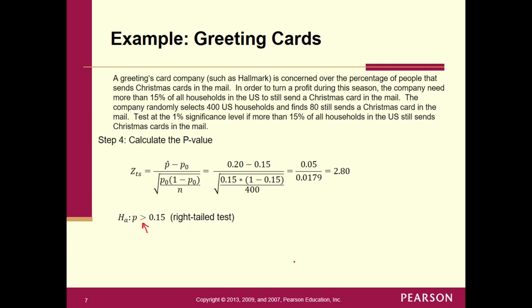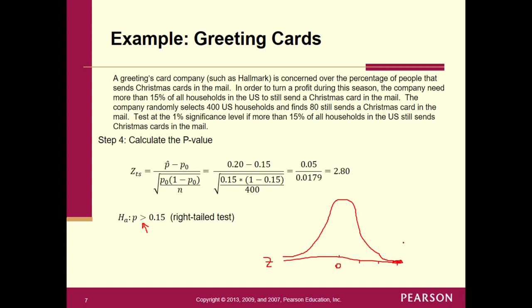Right-tailed, that means we have to figure out the area. Let's see if I can do it here. There's z, here's 0, here's 1, here's 2, here's 3. So 2.8 is way down here, and right-tailed means that we're just going to figure out the area to the right.